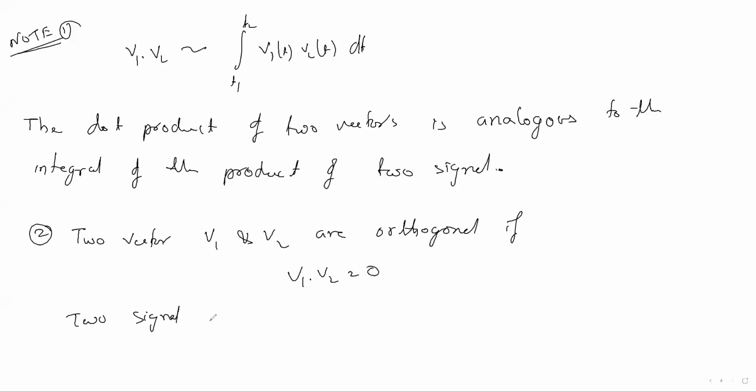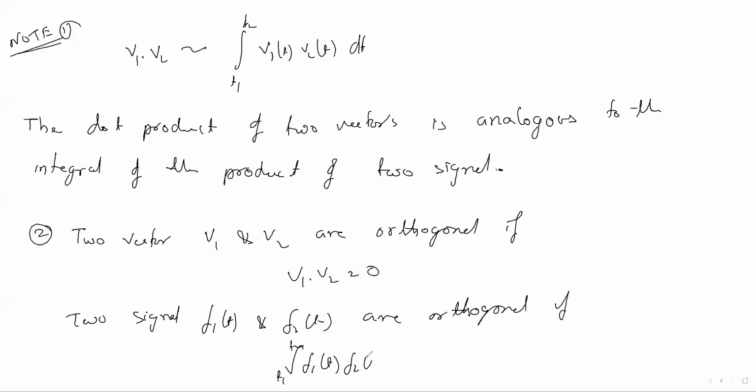Okay, the two signals f1(t) and f2(t) are orthogonal if the integration from t1 to t2 of f1(t) f2(t) dt equals 0.